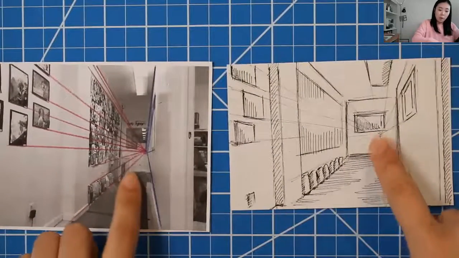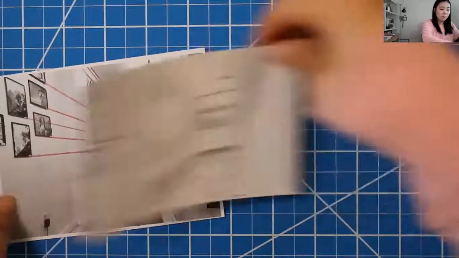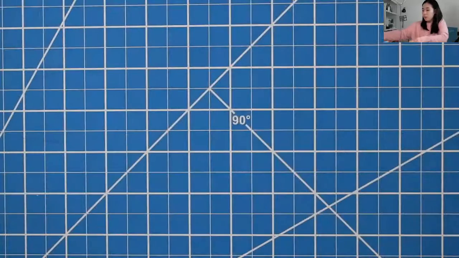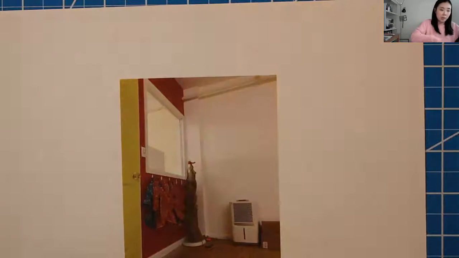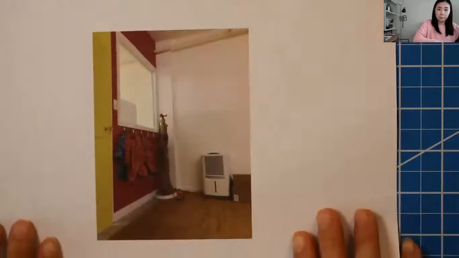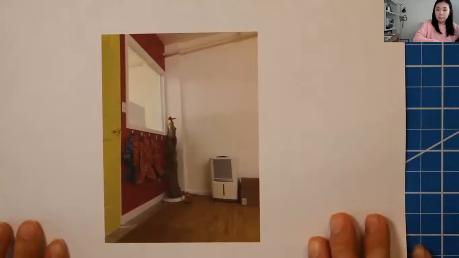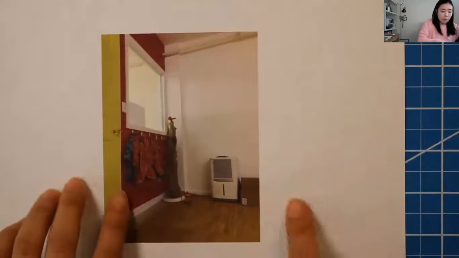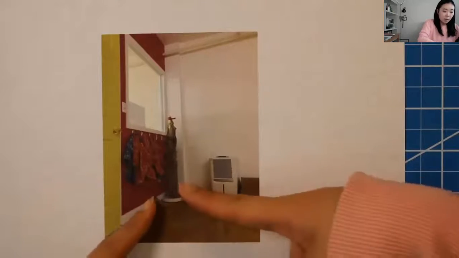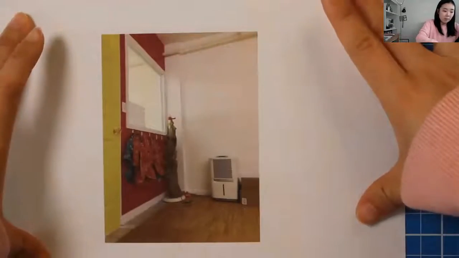So this is the 1-point linear perspective drawing. I will show you the 2-point linear perspective. So this one is the option 6. So it looks like the angles are going to the wider, right?